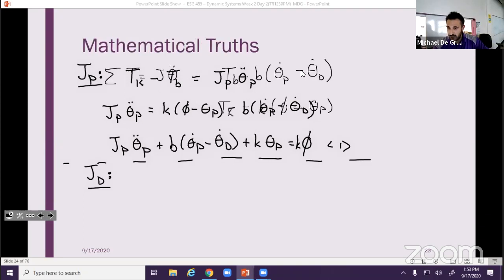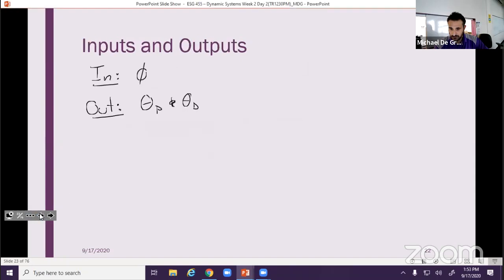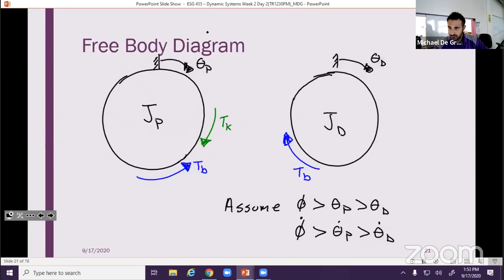So let's talk about J sub D. All right, so let's sum the torques on J sub D. What do we got? T_B. That is it, right?